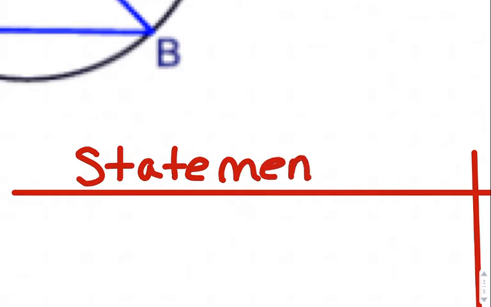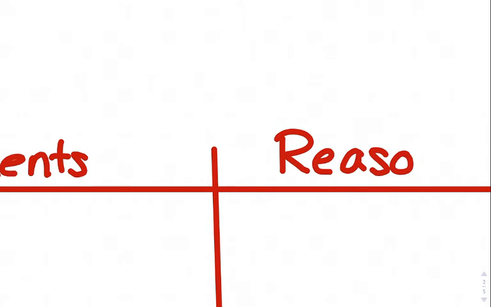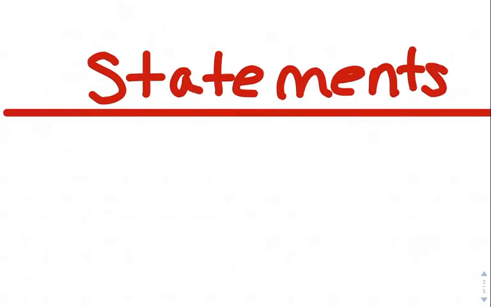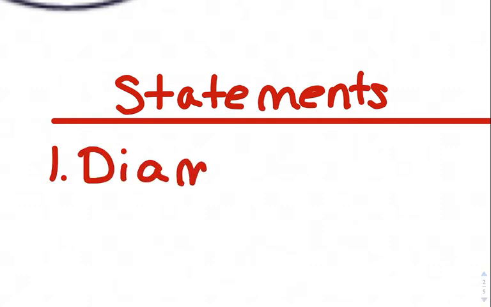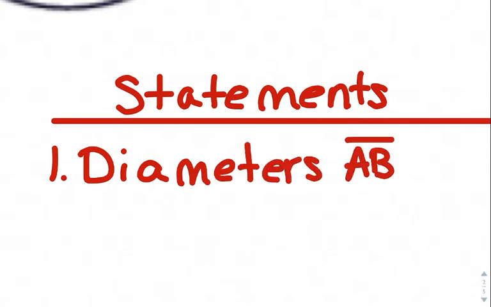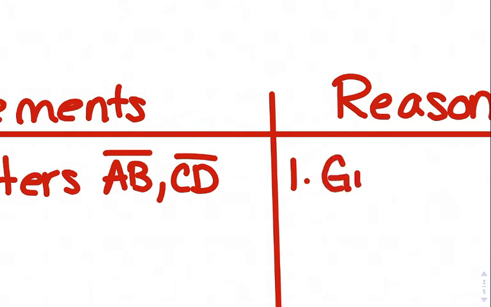Statement 1 and reason 1 are always the simplest. Remember, for statement 1, we write our givens, and then our reason is given. So statement 1 is diameters AB and CD, and our reason is given.